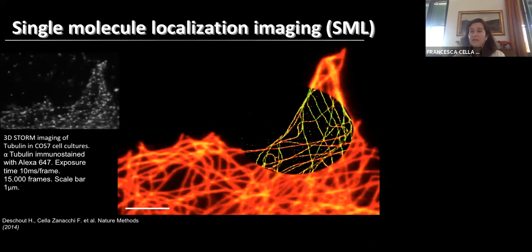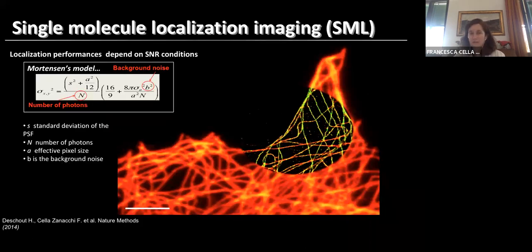So basically, we have a 3D technique to localize molecules and provide a super resolved image. Which are the parameters that can be important in the localization process, as I told you? One is the number of photons collected. The more photons we can collect, the better our reconstructed image will be, because our localization precision is improved.